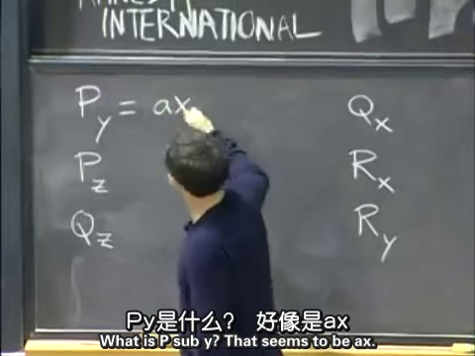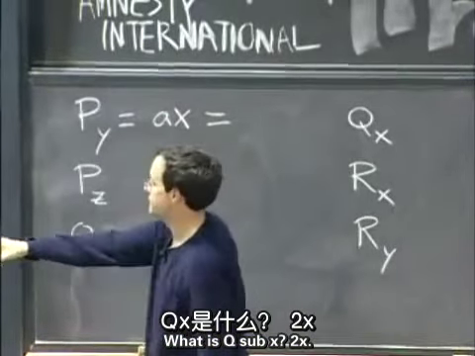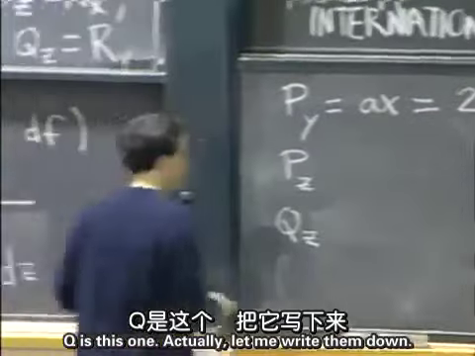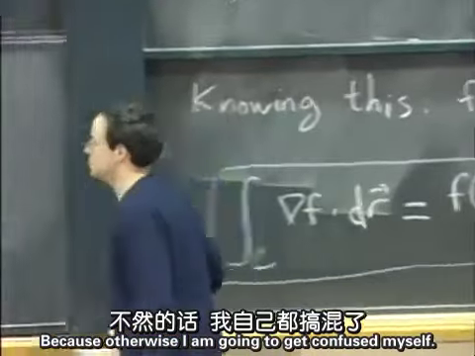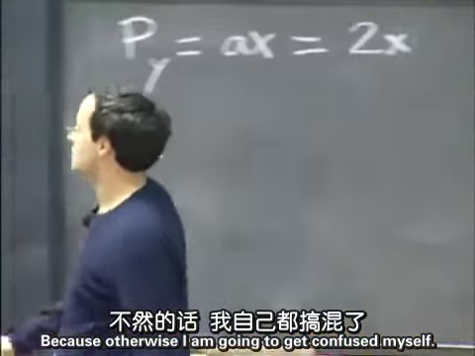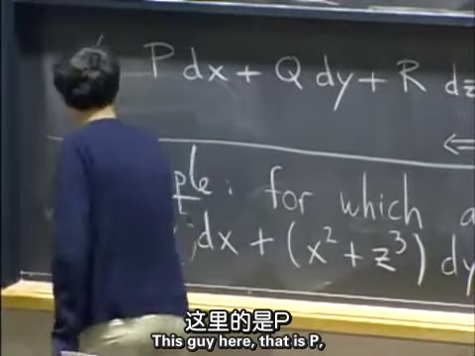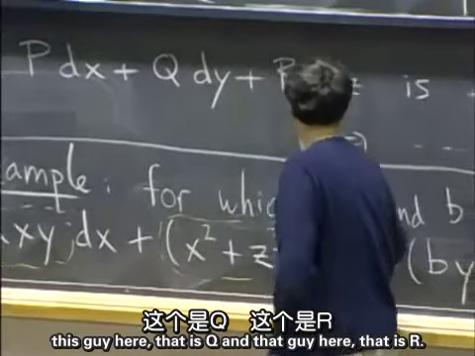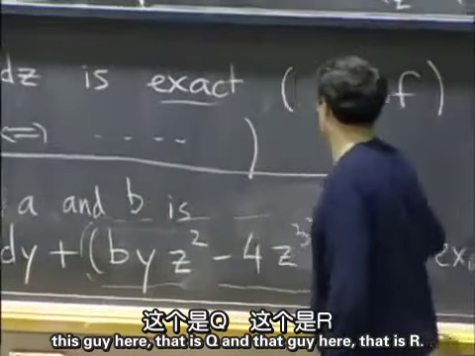That seems to be ax. And what is Q sub x? 2x. Actually, let me write them down, because otherwise I'm going to get confused myself. So this guy here, that's P. This guy here, that's Q. And that guy here, that's R.